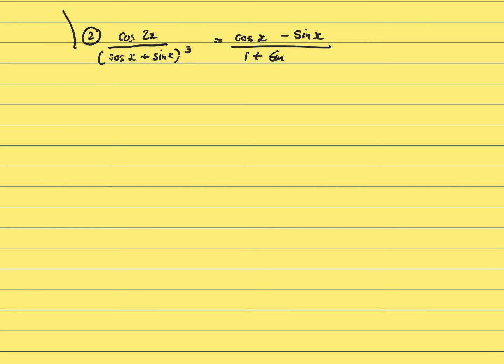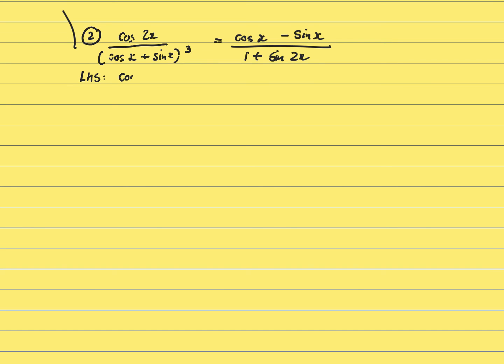So I don't get a heart attack because it's cubed, I leave it as it is and I think, right, what can I do? On my left-hand side, cos 2x I can rewrite as cos squared minus sine squared. And then surely I could factorize that and maybe eliminate one of the denominators.